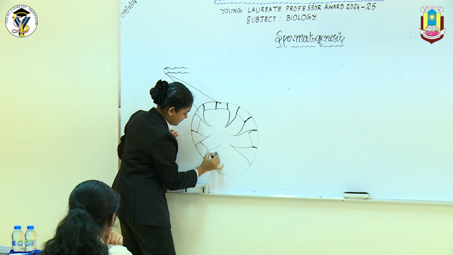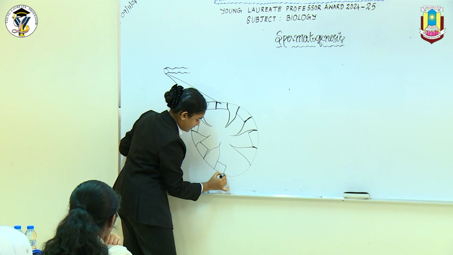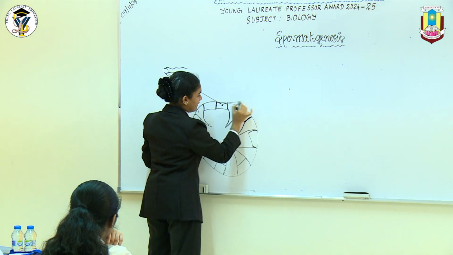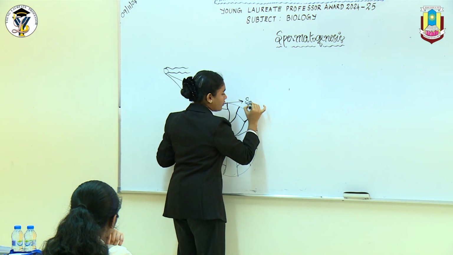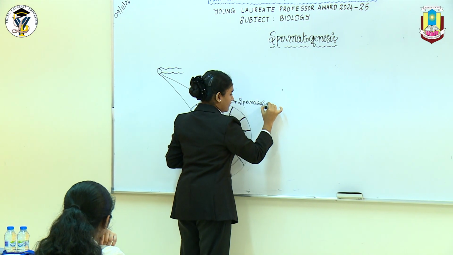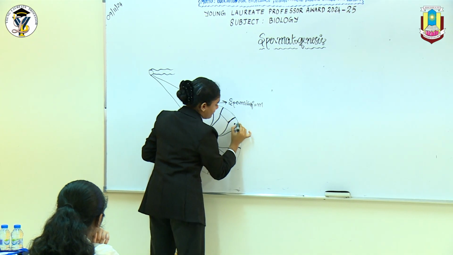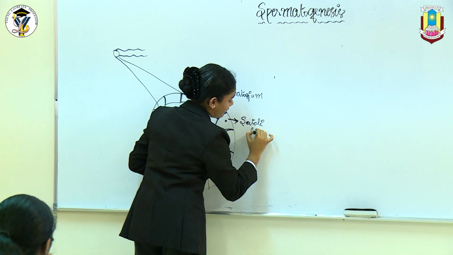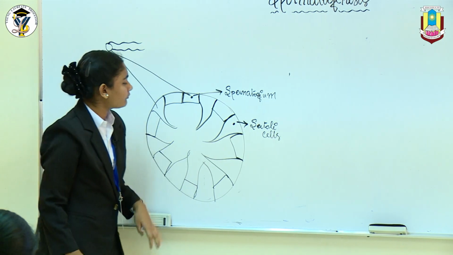Spermatogonia, yes. So these cells are the spermatogonia, or the sperm mother cells, and these elongated cells are the Sertoli cells, which provide nutrition for the sperms.